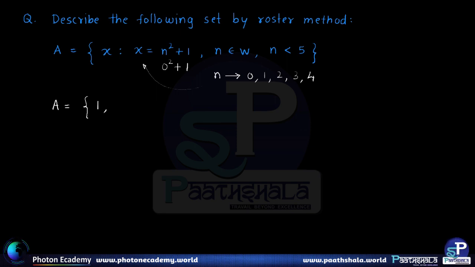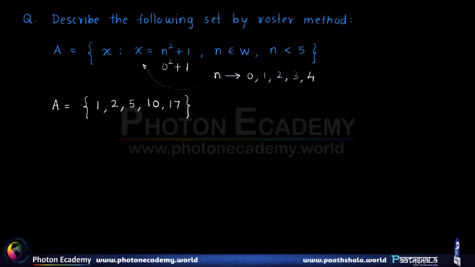When you put n equal to 1, we have 1 square plus 1, that gives you 2. When we put 2, we have 2 square, 4, plus 1, which is 5. For 3, we have 3 square plus 1, which is 10. And for 4, we have 4 square plus 1, which is 17. So in this way we have listed down the set in roster method, right?